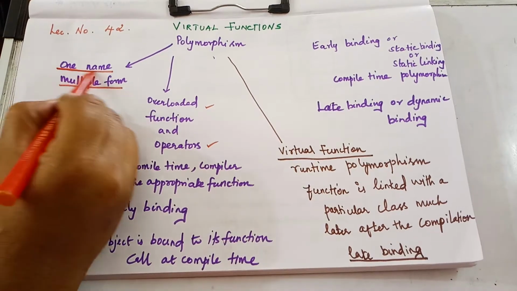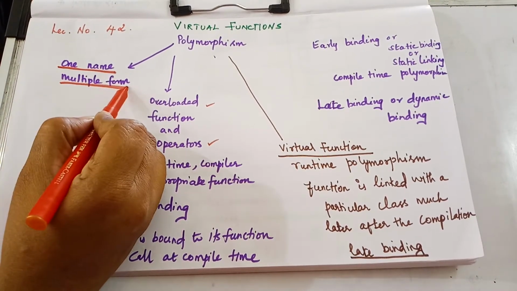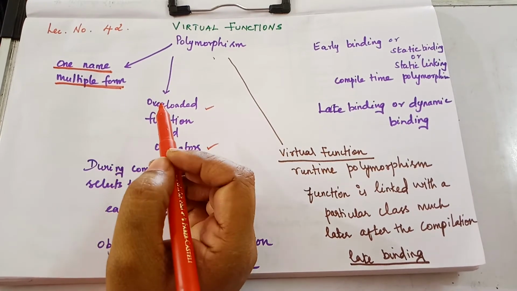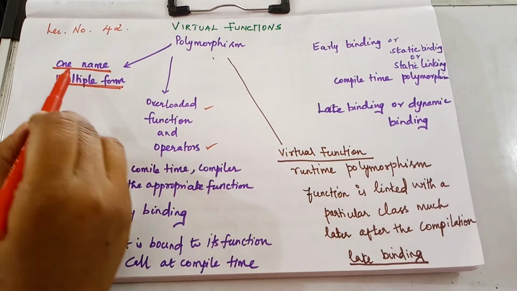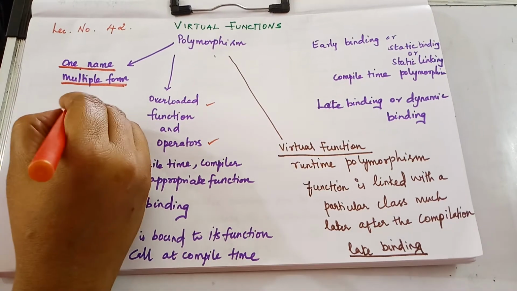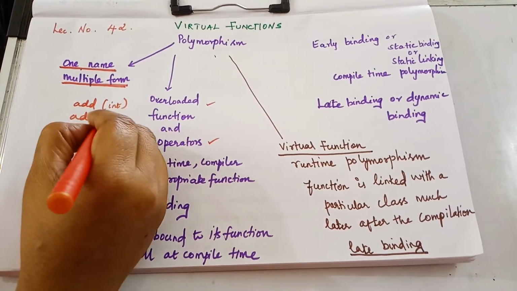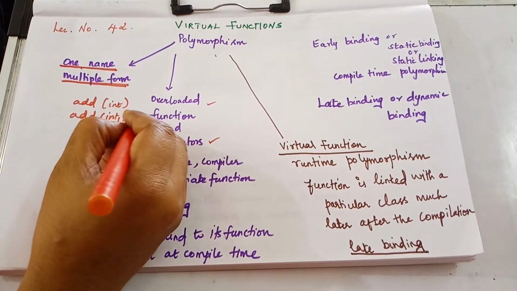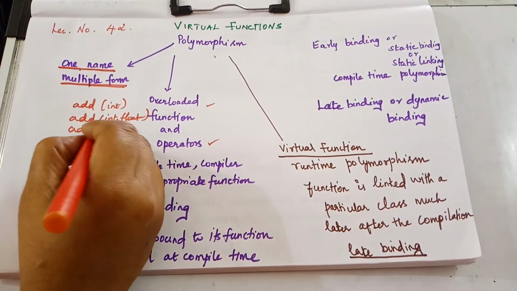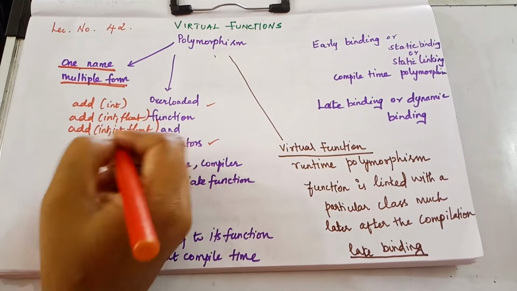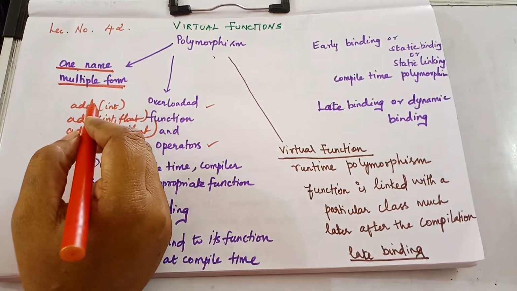That is only one name, but in multiple forms. For example, add(int, float). This comes under polymorphism.